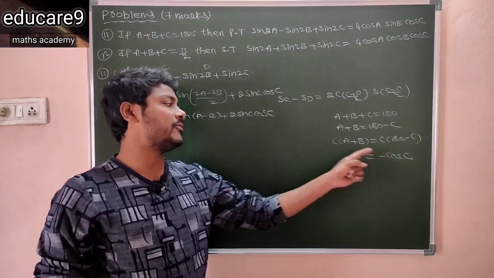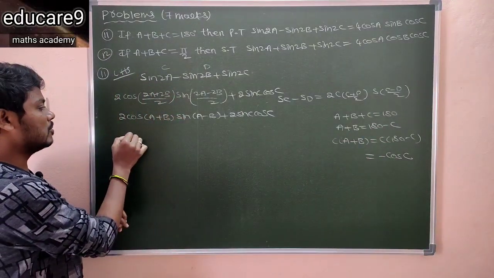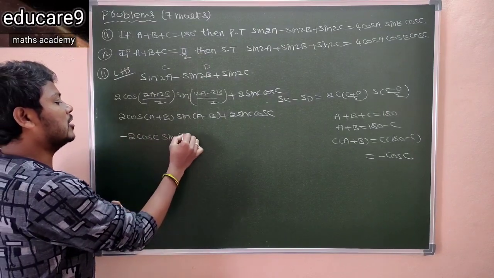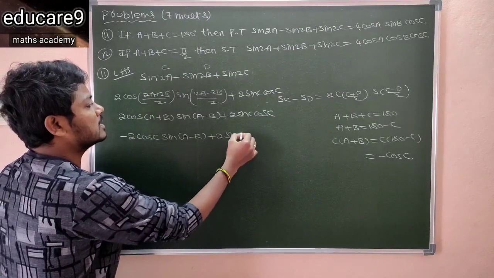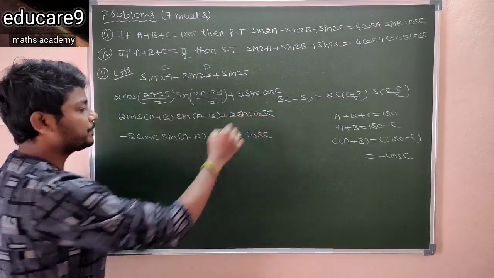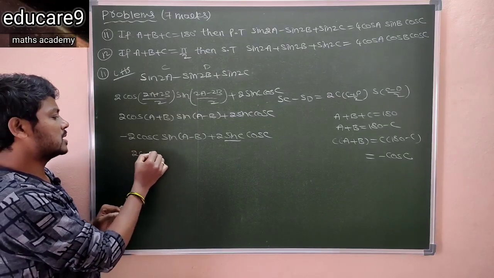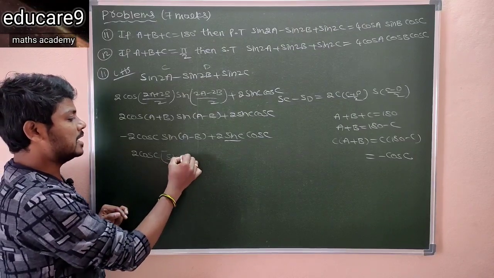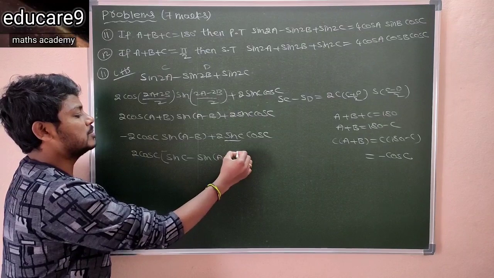Therefore cos of (a plus b) is minus cos c. So we get minus 2 cos c sin of (a minus b) plus 2 sin c cos c. In both terms 2 cos c is common, so you will get sin c minus sin of (a minus b).